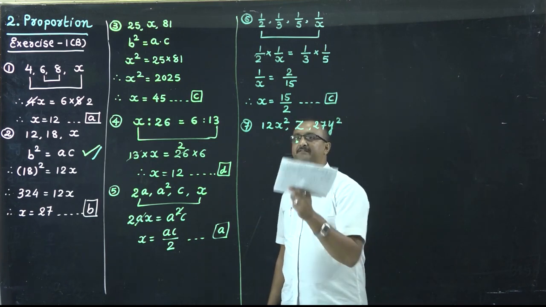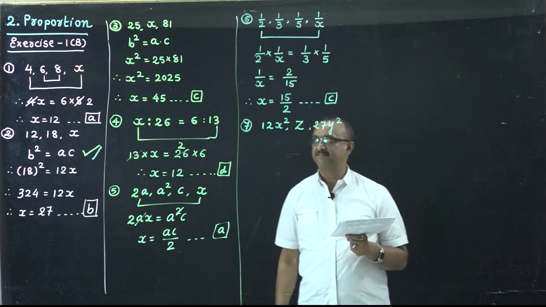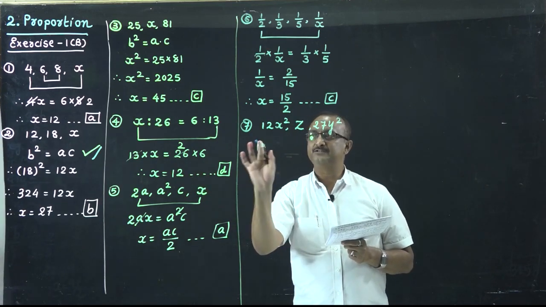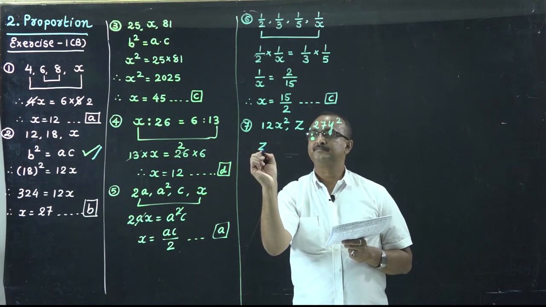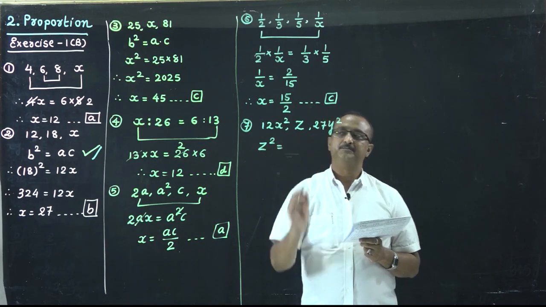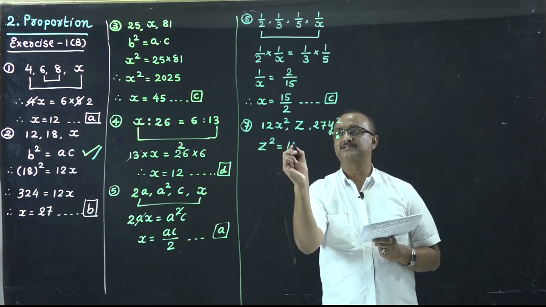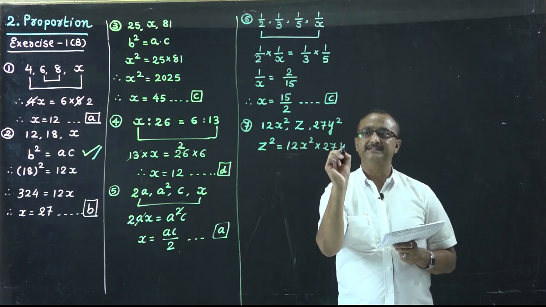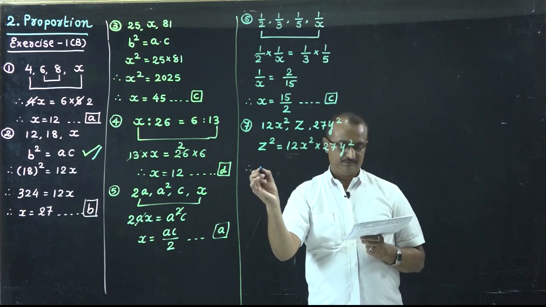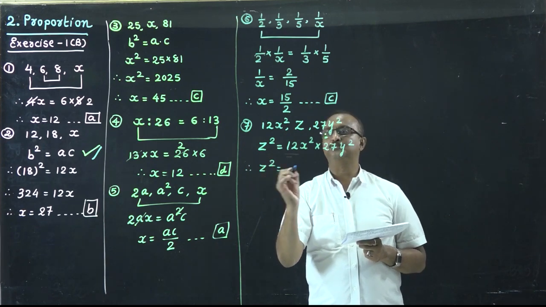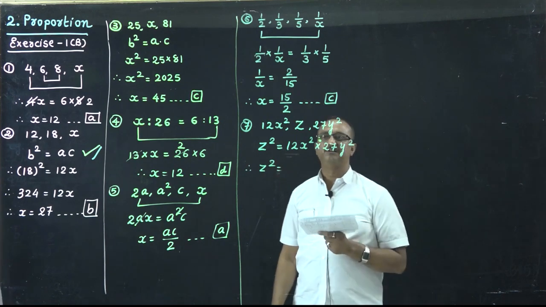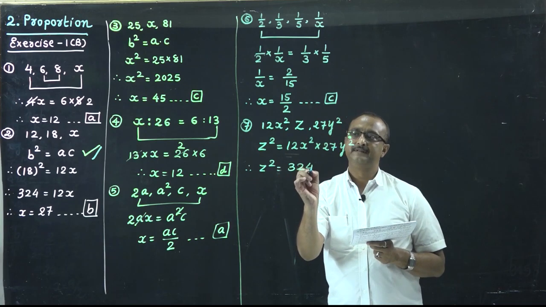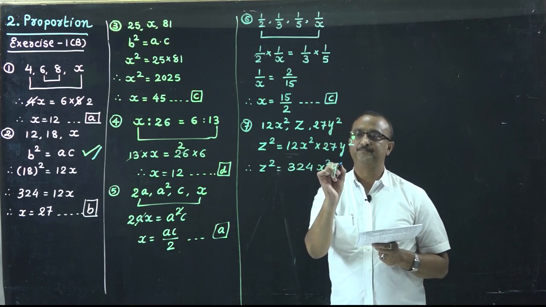What is our formula? b square, z square is equals to what? Product of extremes, 12x square into 27y square. Therefore, z square is equals to 27 into 12, 324 x square y square.